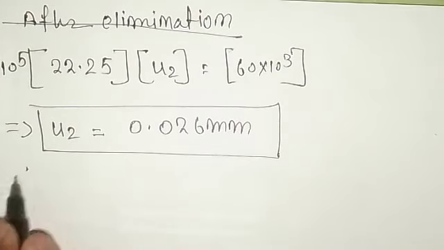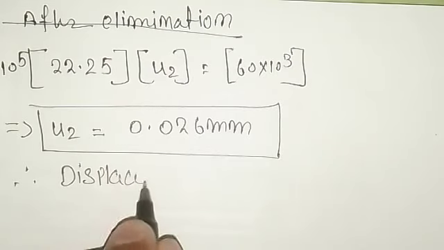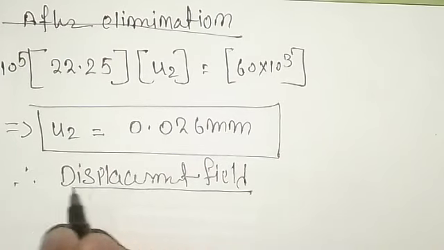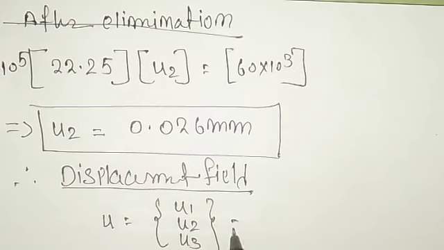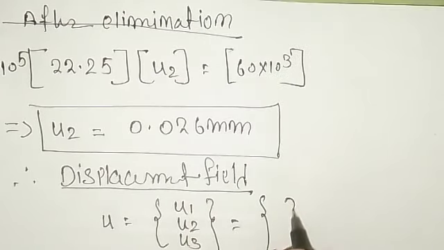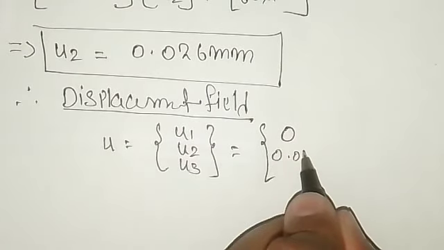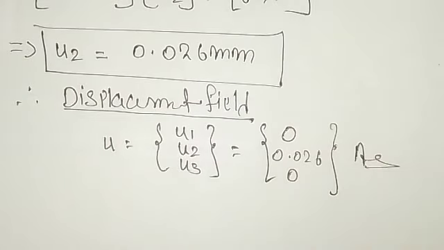So you can write, therefore, the displacement field: u is equal to u1, u2, u3, which is equal to what? u1 is 0, u2 you have calculated, which is 0.026, and u3 is also 0. So this is your answer, right?